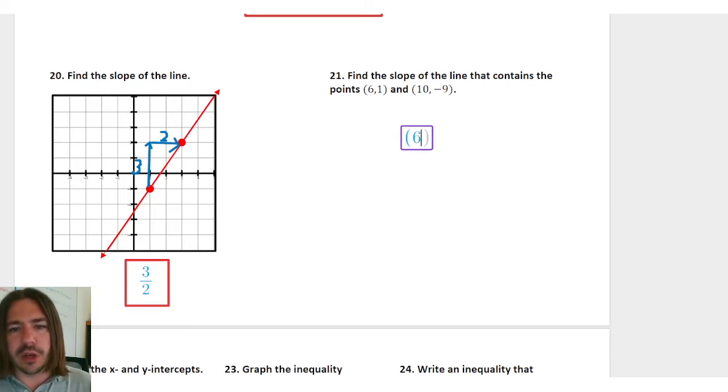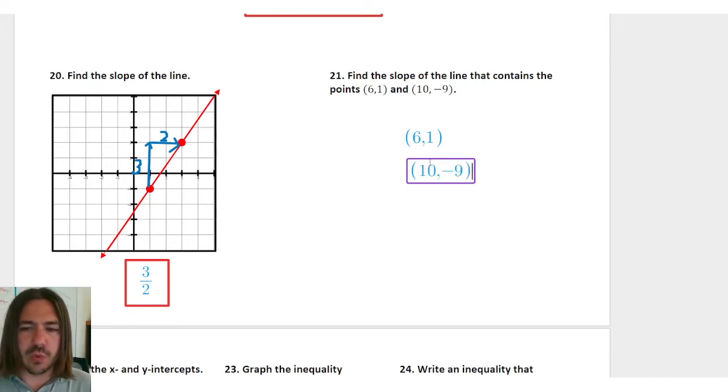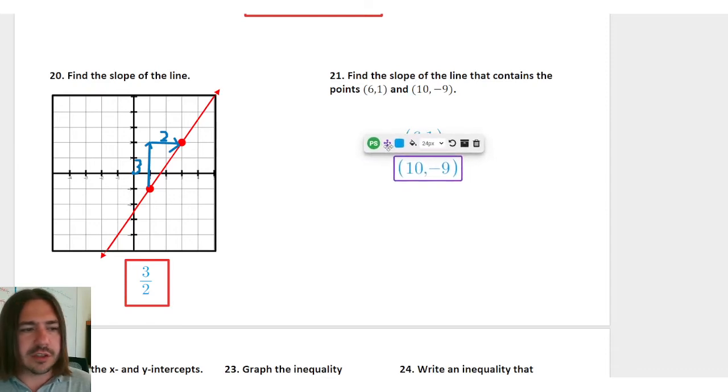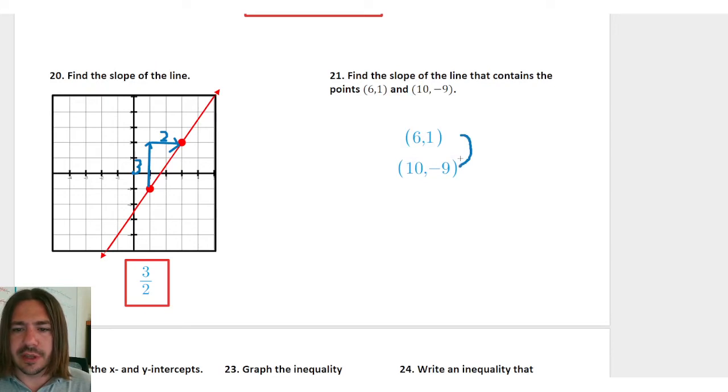For number 21, we're trying to find the slope of the line that contains these 2 points. So again, we're just doing rise over run, except we don't have a picture to work with here. So we're just going to be thinking about change in y over change in x. And so I'm just going to stack these two. This is kind of how I showed you all to do it in class.